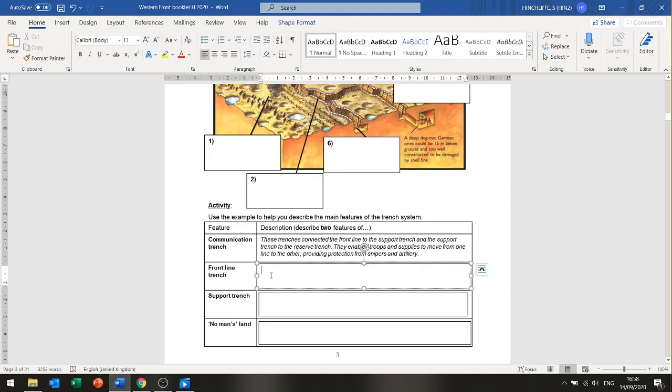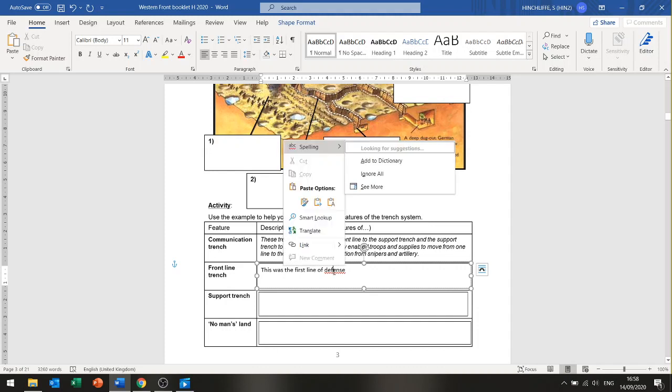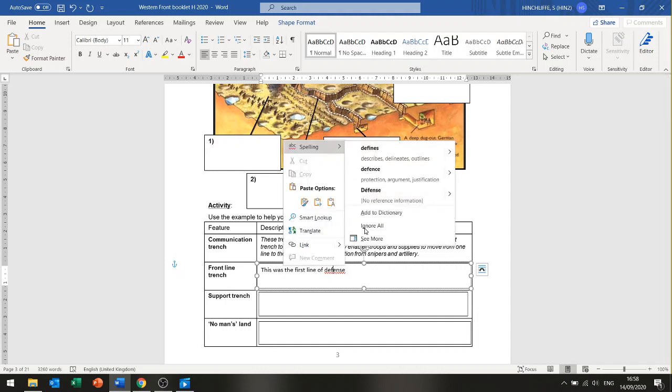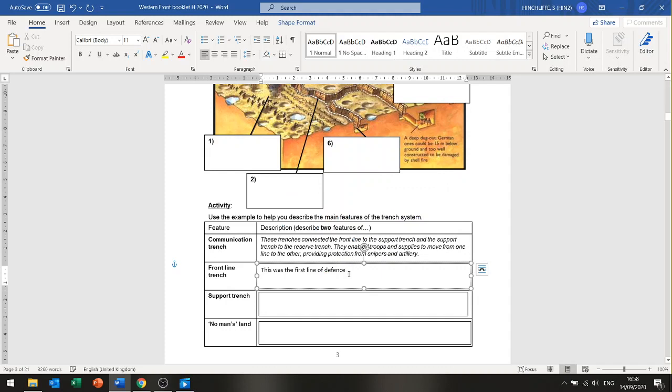So what you want to do is, for the front line trench, we'll model this one together. What was the purpose of it? Well, you'd write something like, this was the first line of defense against the attacking Germans.